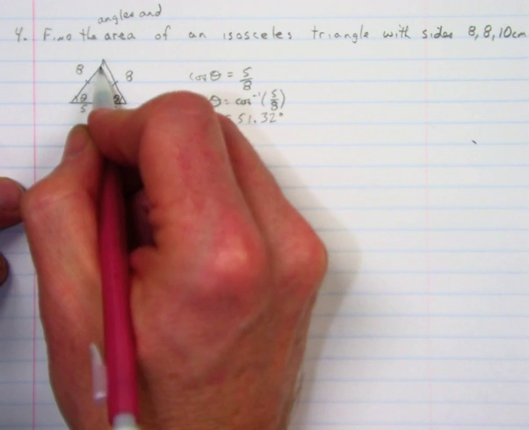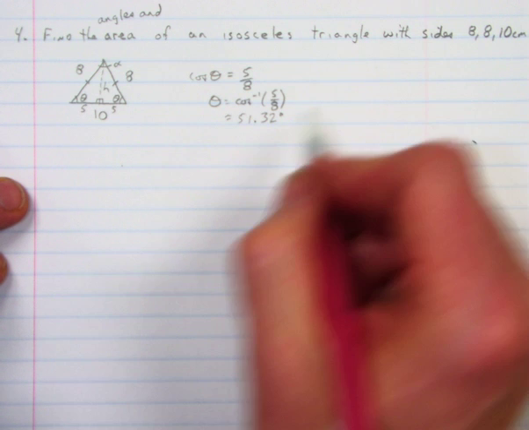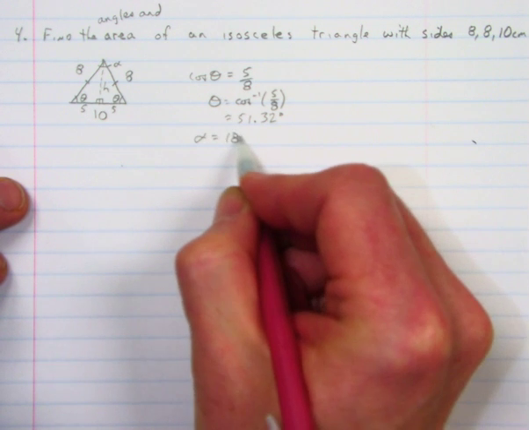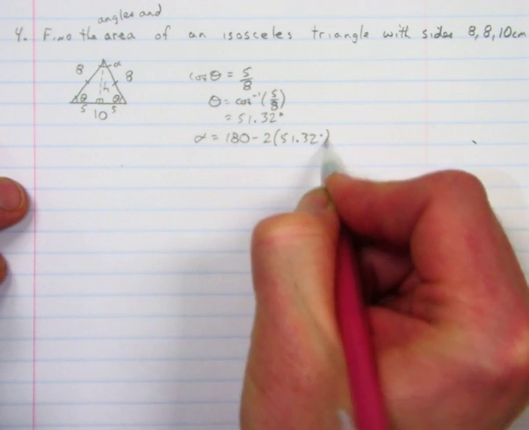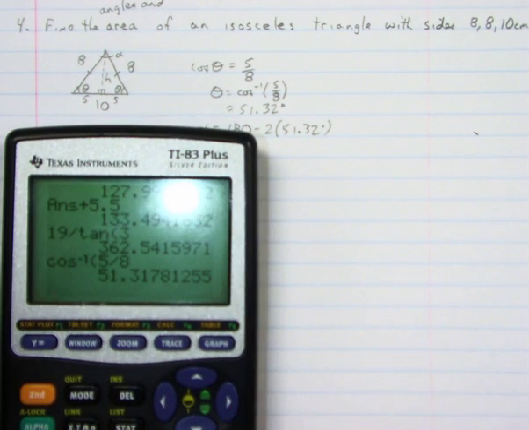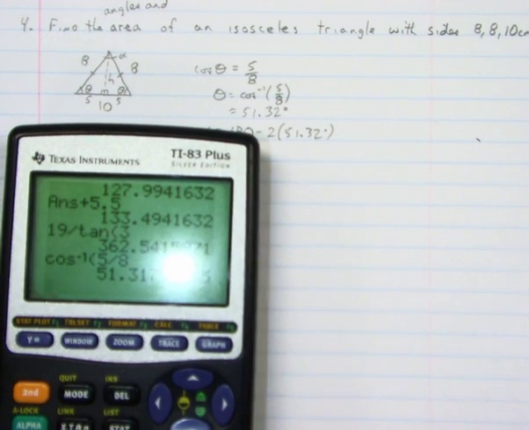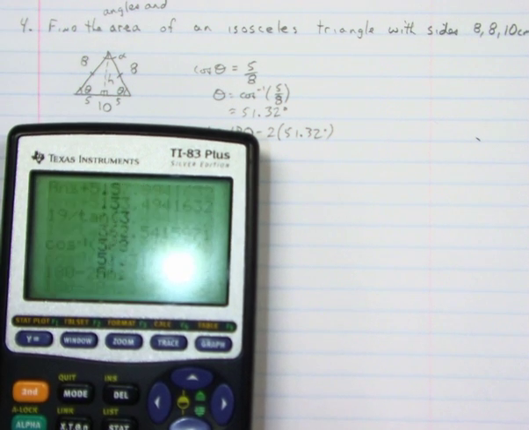The last one, and let me call that one alpha. Alpha will equal 180 minus 2 times 51.32. So I'll take out my calculator again, and since I still have that number right there, I can just say 180 minus 2 times answer.